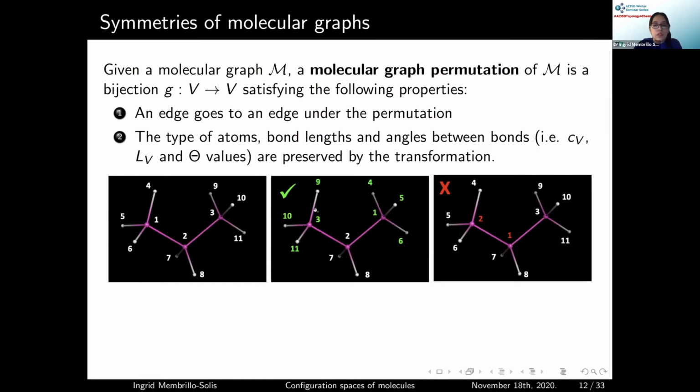And of course, the geometry around this carbon is preserved under this permutation.